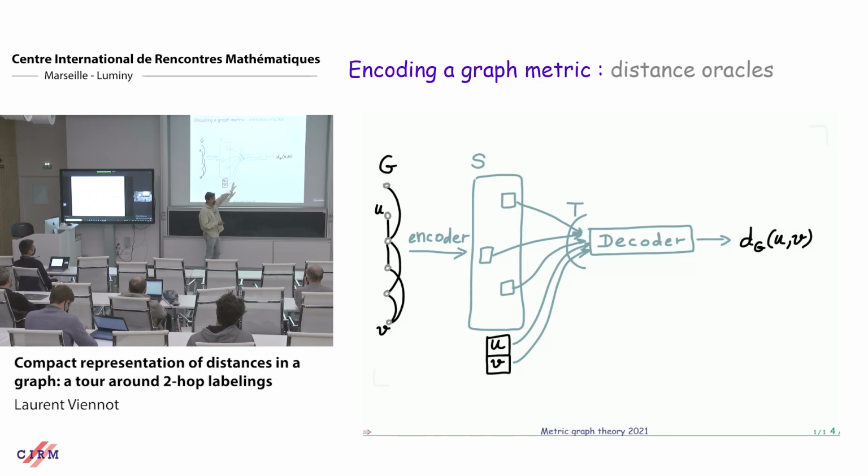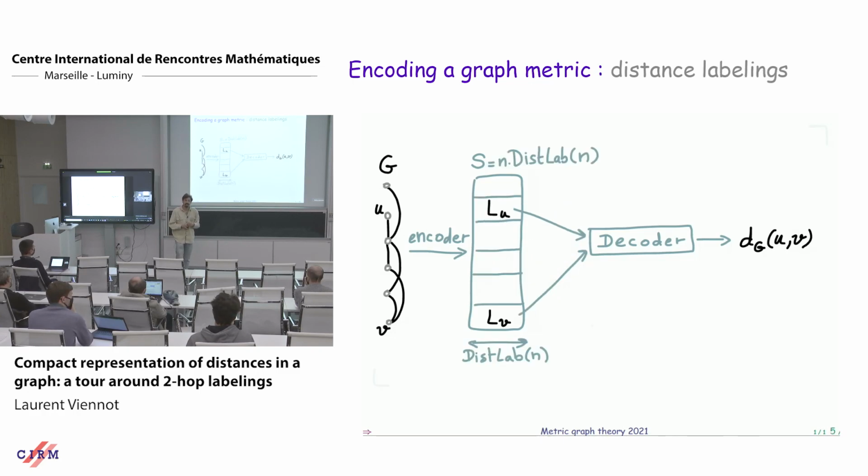So the decoder is used for each query U, V. The decoder will use that data structure plus the information about U, V, and will answer you the distance between U and V in the graph. And hopefully the data structure you use, the distance oracle, is not too big, and you answer queries very fast. Okay, so you hope to answer the query much faster than the time you need for scanning the graph, for example.